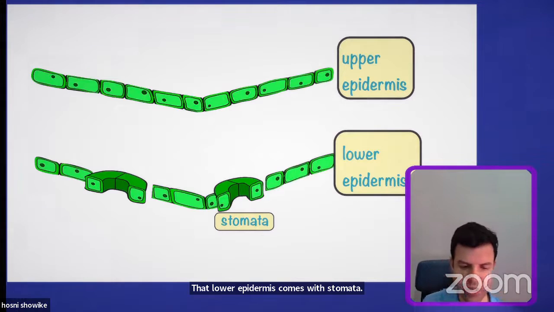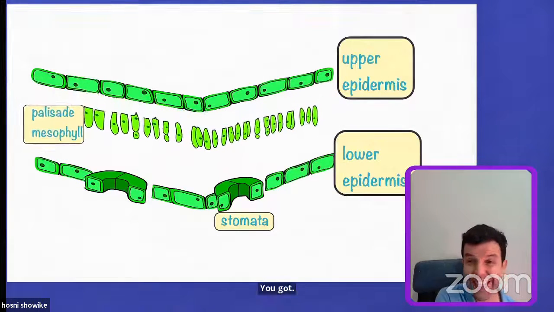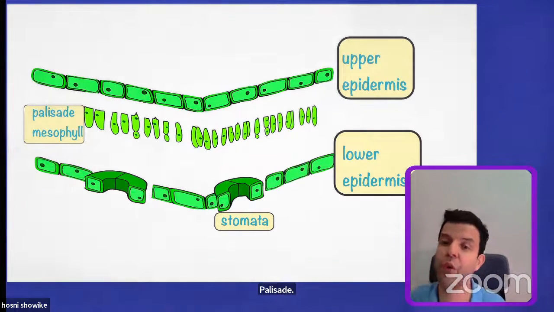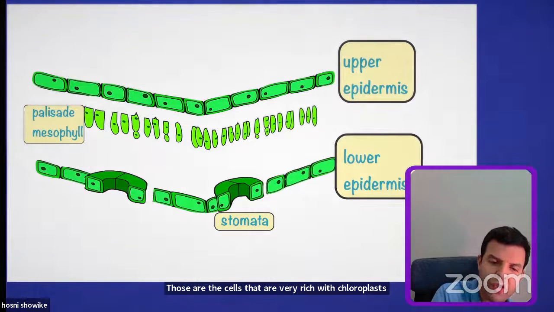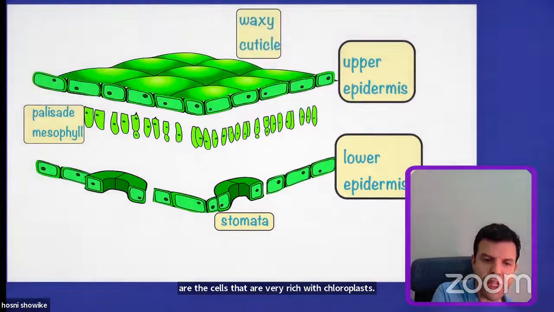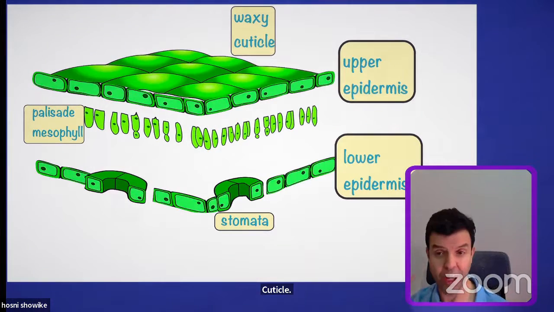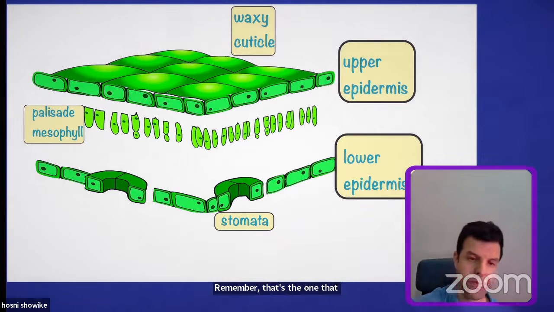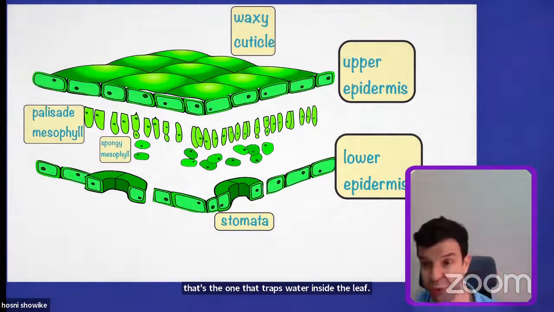In addition, you've got the palisade. Those are the cells that are very rich in chloroplasts. And right on top of the whole thing, we've got a waxy cuticle. Remember, that's the one that traps water inside the leaf. Adding to this, I've got the spongy mesophyll.